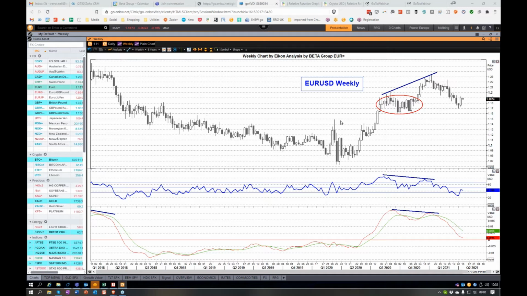So let's start to set the tone. We've got this dollar weakness that we've had over the last few weeks. This is in the euro, the biggest currency against the US dollar, which has come down into this big area of support that we had given a cigar to previously.